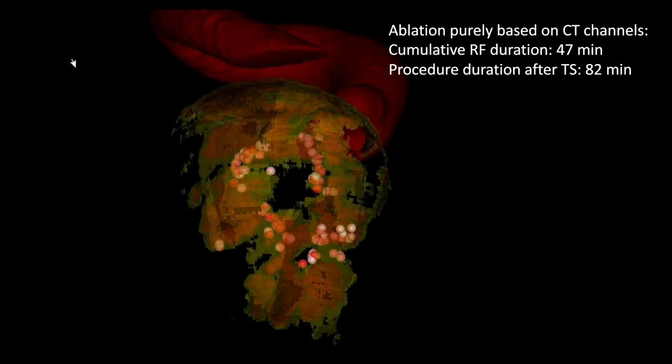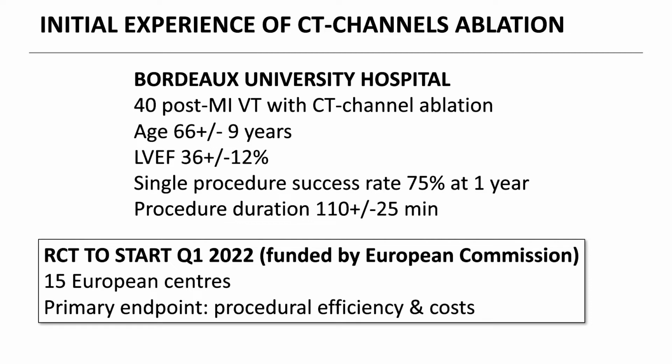Procedure duration in this case, less than an hour and a half. And this is pretty consistent over the last 40 patients we did in Bordeaux, where we've got a 75% success rate at 1 year with a single procedure, which is quite good. And interestingly, the procedure duration is very consistently less than 2 hours, with a standard deviation that is very minimal.